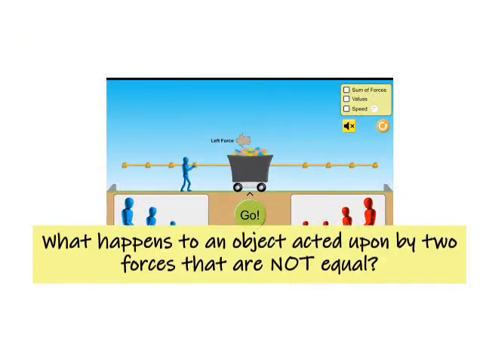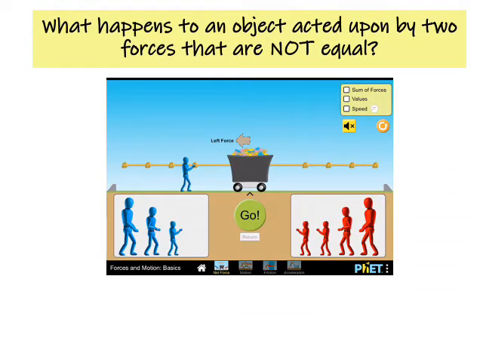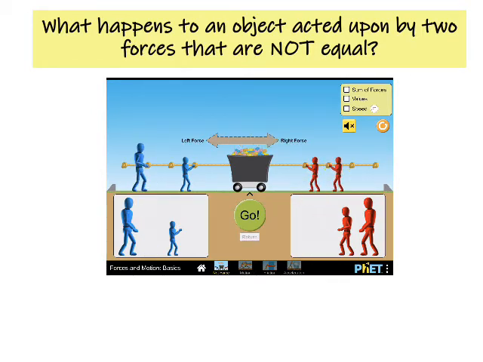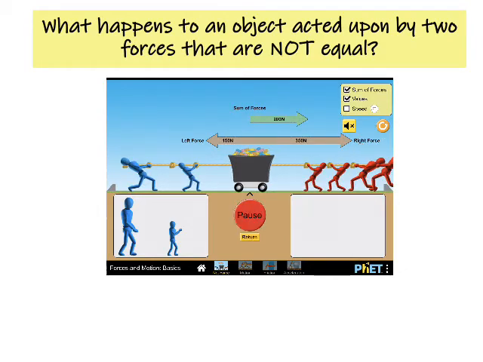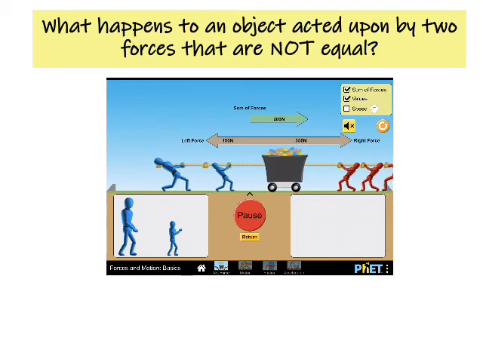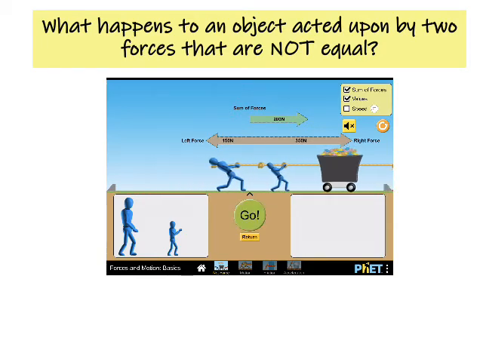What happens to an object acted upon by two forces that are not equal? Let's take this example from the PhET simulation. This time the cart is pulled 150 newtons to the left and 350 newtons to the right.